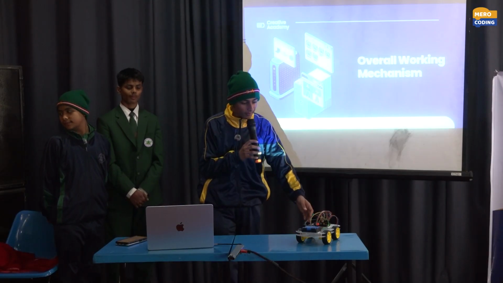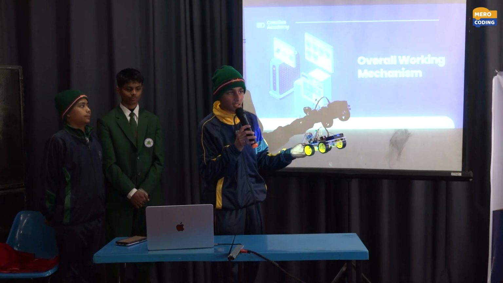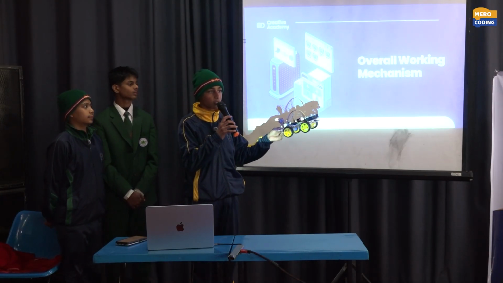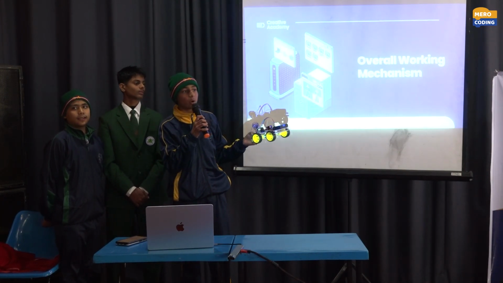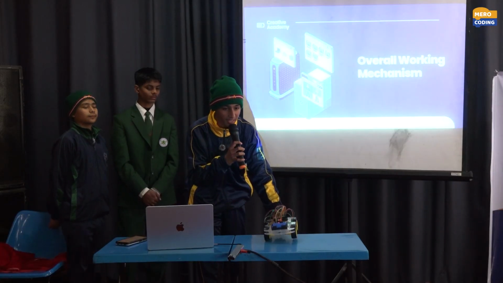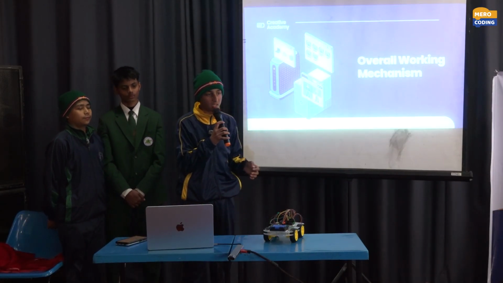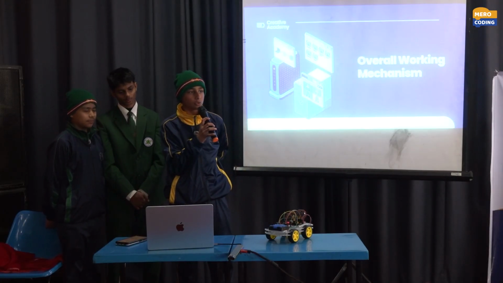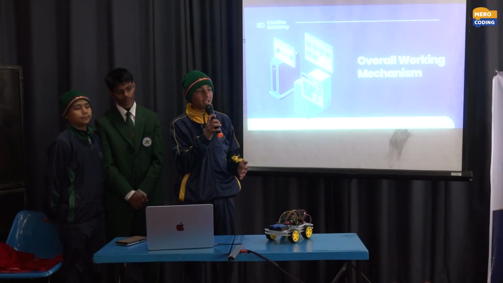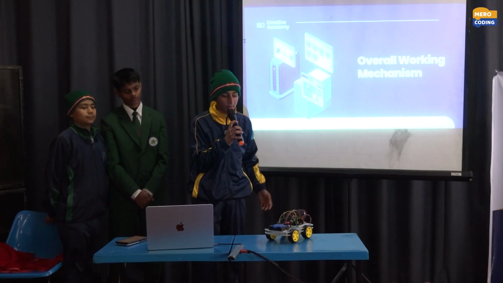Now let's understand the working mechanism of this project. First, we have many robotic components. As you can see, the main component of this whole project is this Arduino Uno. This is a type of microcontroller that contains pins and controls the overall functioning of this RC car. Along with that, we have the HC5 Bluetooth module, which connects this device to our mobile phone so that we can operate it.